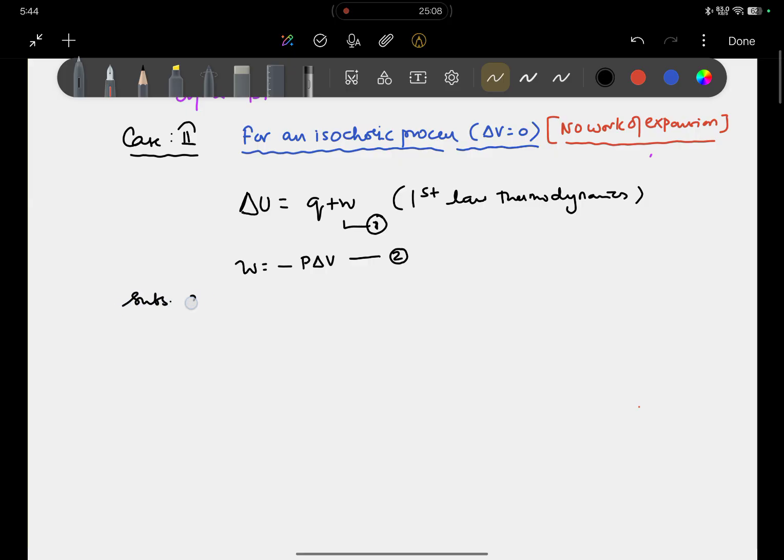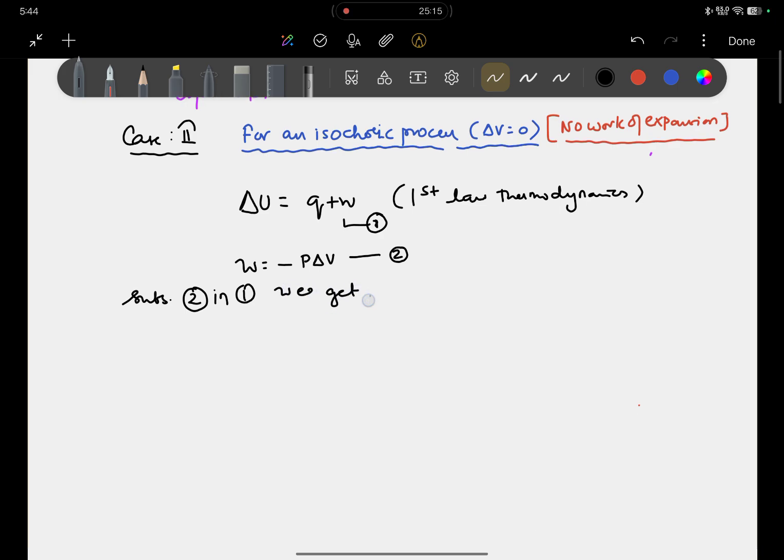Now you substitute equation 2 in 1, we get delta U is equal to Q minus P delta V. Rifa, I am going step by step. So keep copying, don't miss it. Correct?